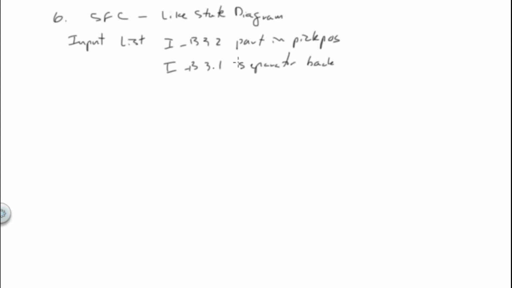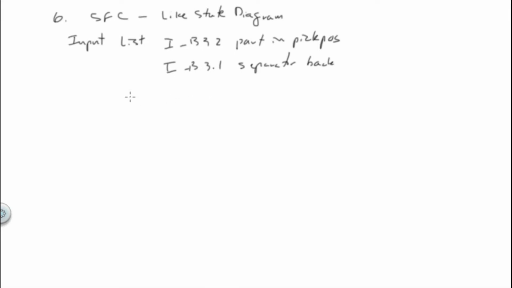You get the idea. Part at gripper. Y is up. Y is left. Y is up. Y is right. So those are your inputs.